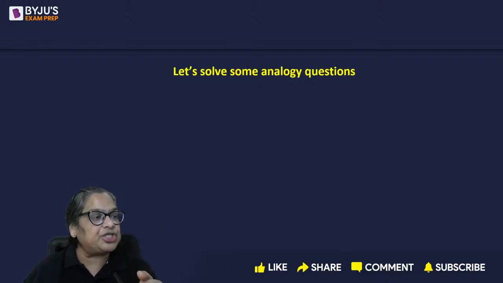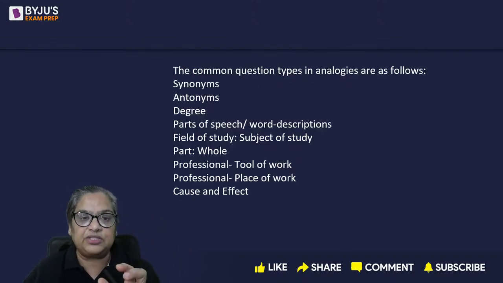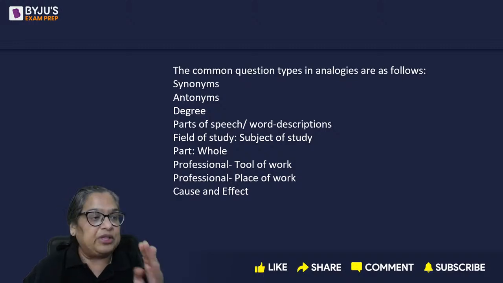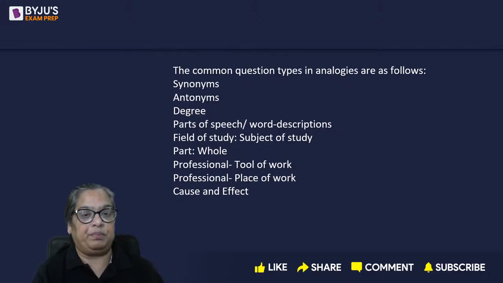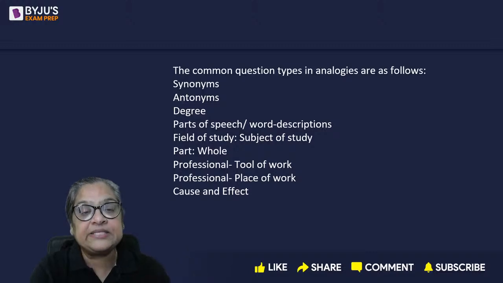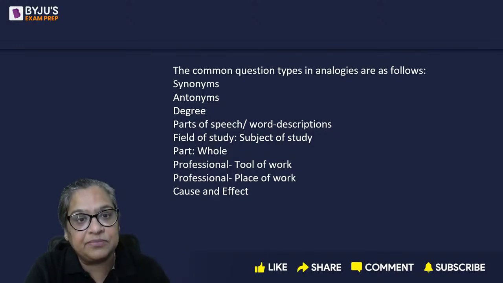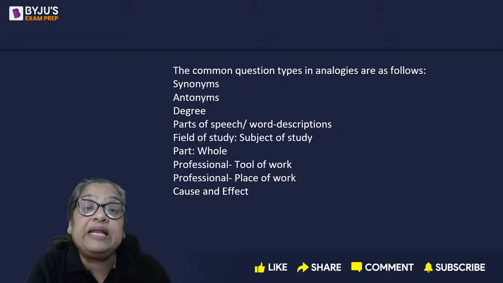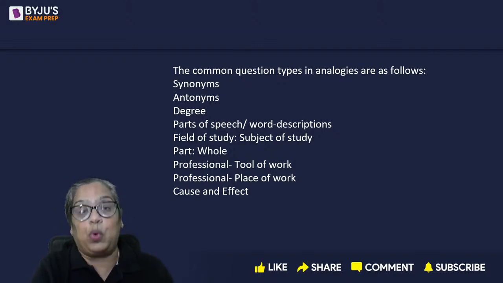The relationship between the pair of words could be anything. The pair could be synonyms, similar meaning words, antonyms or opposites. They could be related in degree, less is to more.